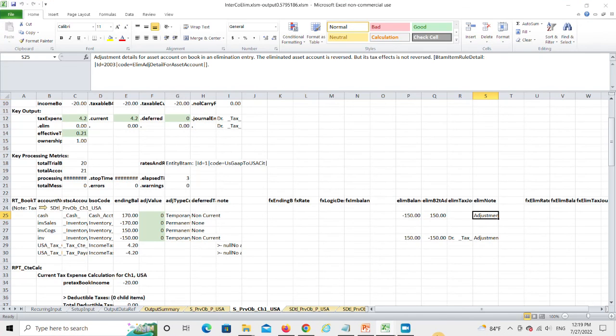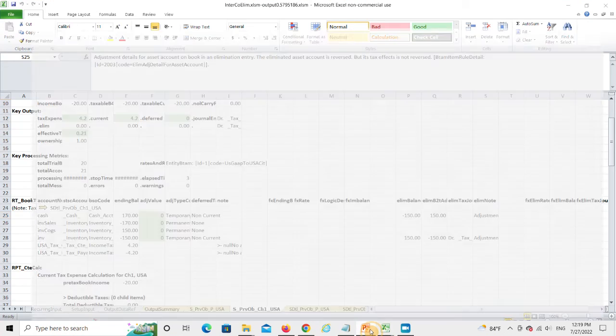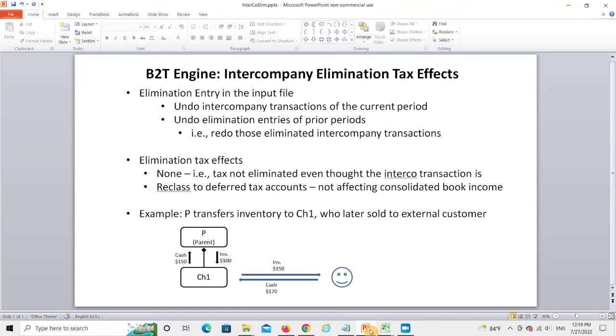So now to summarize, since the B2T engine cannot really tell whether a transaction is intercompany or not, the elimination calculation relies on the user entering the correct elimination entries for each account of each entity.